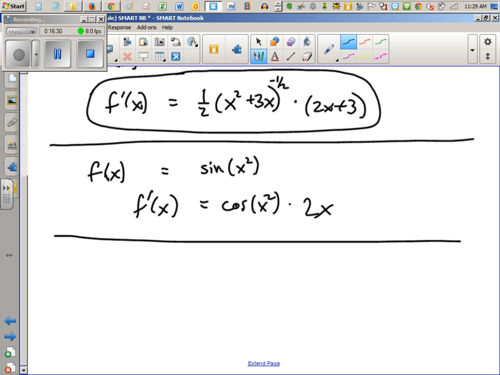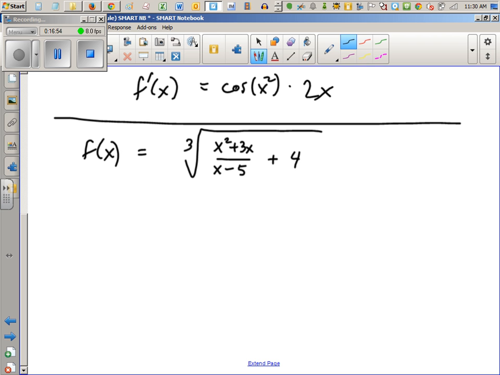How about this one? f of x equals... how crazy do we want to go here? Let's do this one: the cube root of (x squared plus 3x over x minus 5) plus 4.